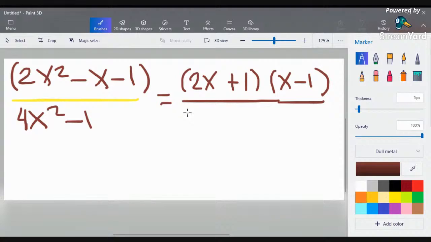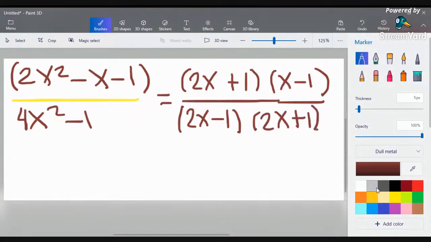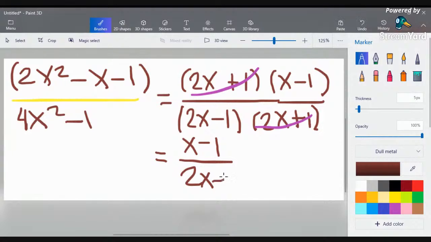Okay, and the factored form of the other one here is 2x minus 1 and 2x plus 1. Okay, cancel those terms that are equal. So 2x plus 1 and 2x plus 1 can be cancelled. Our final answer will be x minus 1 all over 2x minus 1. Okay, that will be the answer for your letter D.